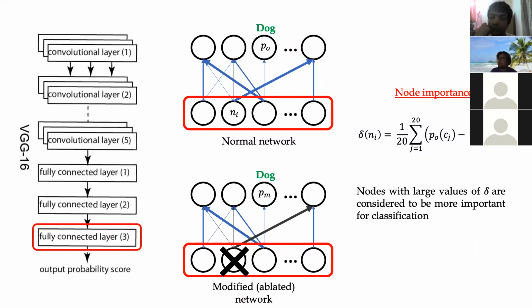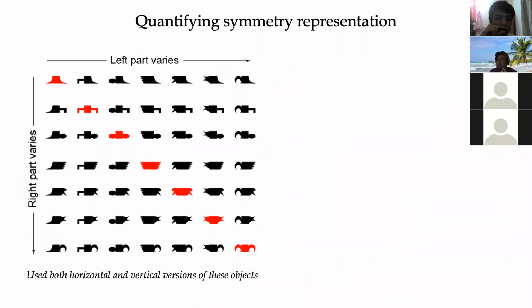Cool. So now that we have a number that denotes how important each node in this penultimate fully connected layer is for object classification, we can go ahead and quantify symmetry information in each of these nodes. And we do that by doing something similar to what we did with humans.